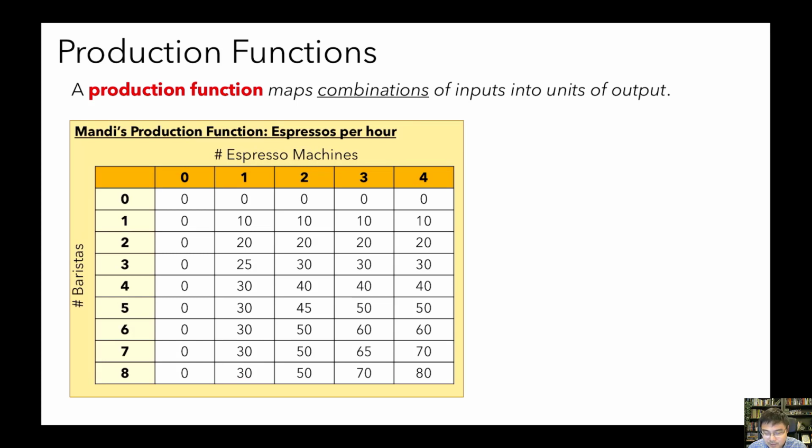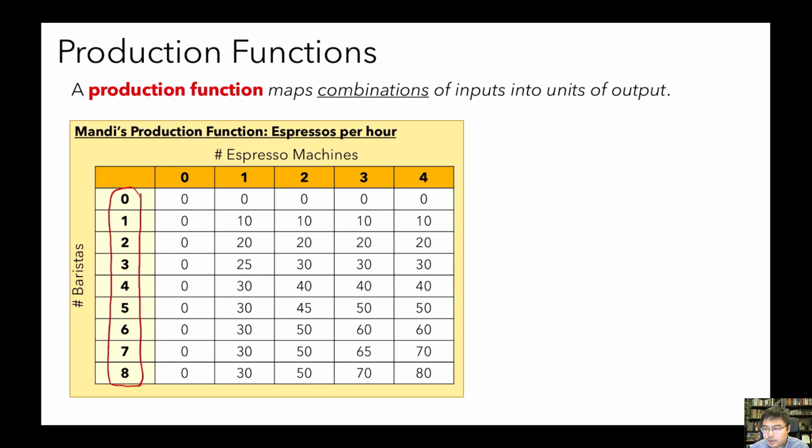outputs can I make? So the example that we have here on the slide is Mandy's production function. So her two possible inputs are baristas and espresso machines. And so her possible choices of the number of baristas to hire is here on the rows. Okay, so she can go from 0 to 8 baristas.